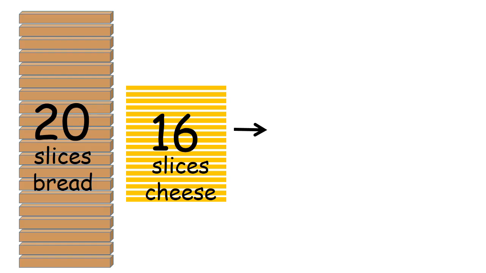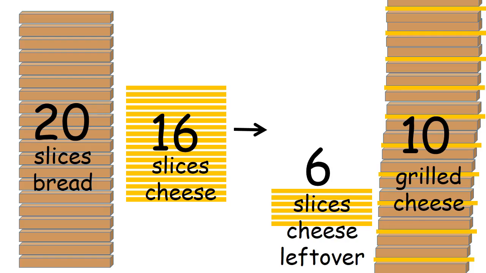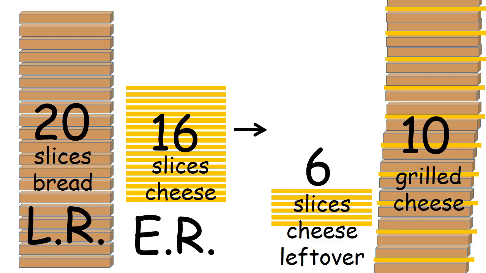And if we use the ratio of 2 slices of bread for 1 slice of cheese, then I think we can all agree that with these ingredients, you're only going to get 10 grilled cheese sandwiches, and that you will have 6 slices of cheese left over, and you're going to throw those in the fridge for the next time you need them. Now, in this case, the bread is the limiting reactant, and the cheese is the excess reactant.